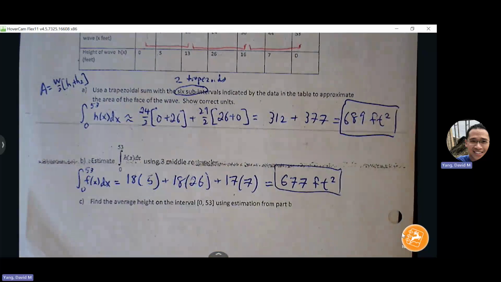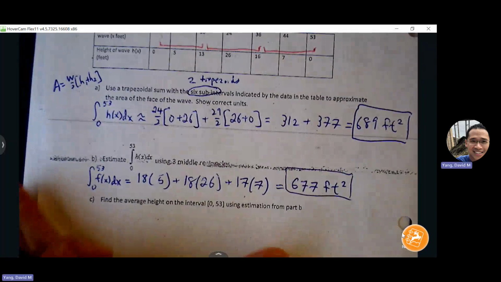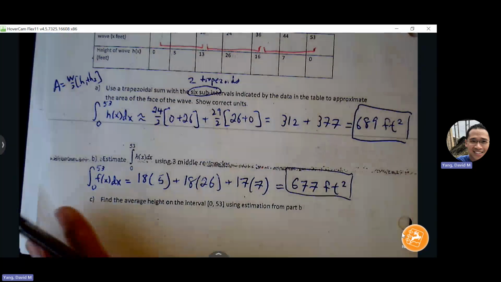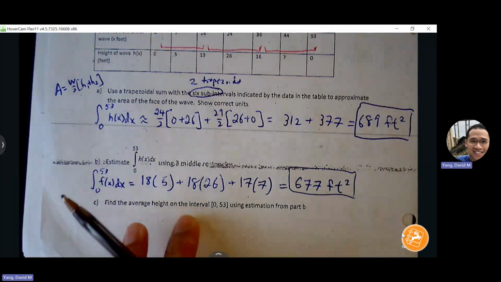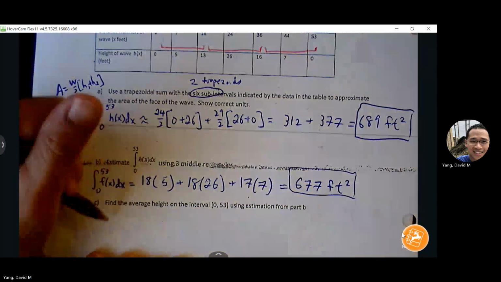We're never going to have to worry about how accurate our approximations are. Just have to be able to find whatever the problem is asking for. Okay, find the average height using part B. So average height, that's average velocity.